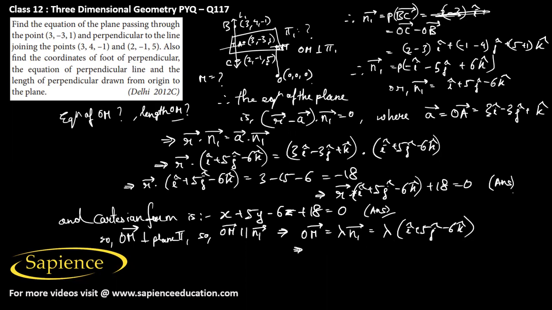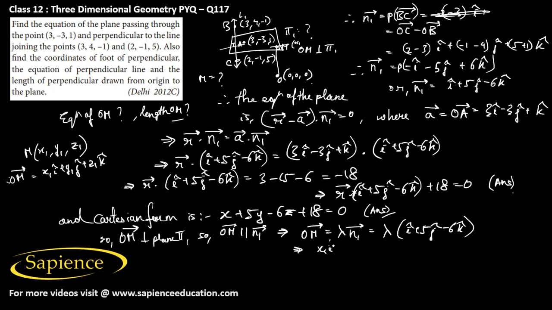So therefore, if we take the point M as (x1, y1, z1), then OM vector will obviously be x1 i cap + y1 j cap + z1 k cap.